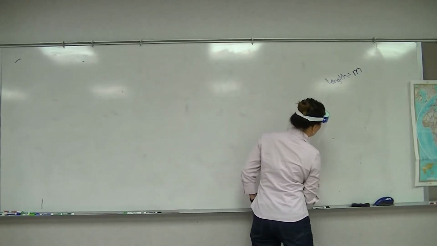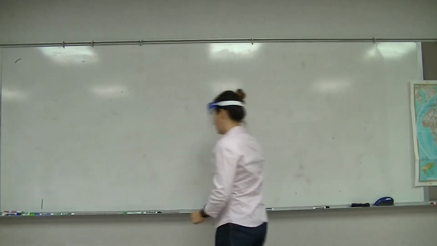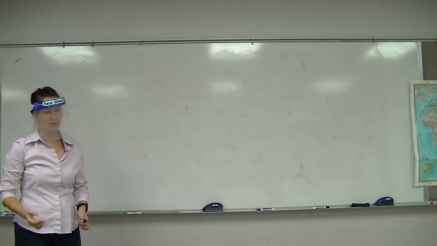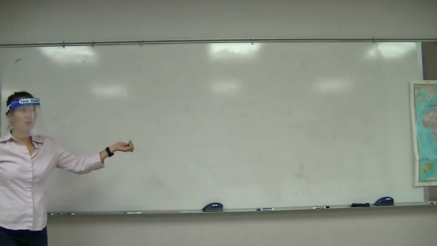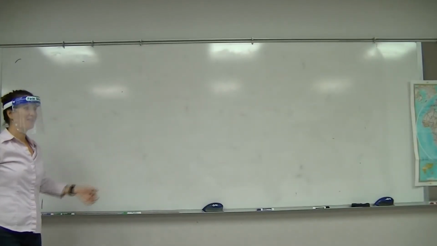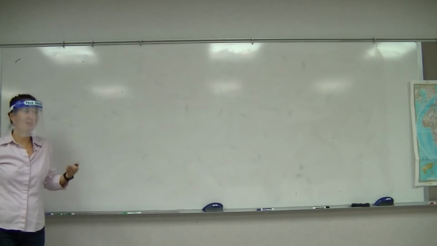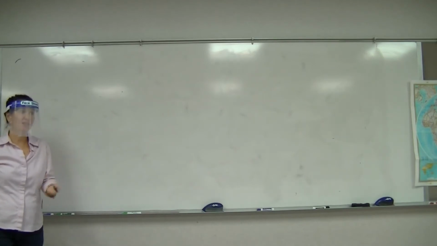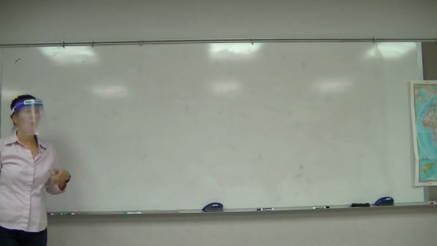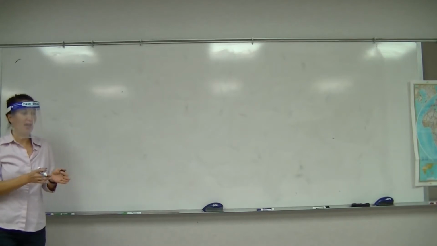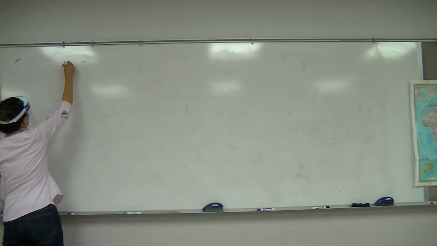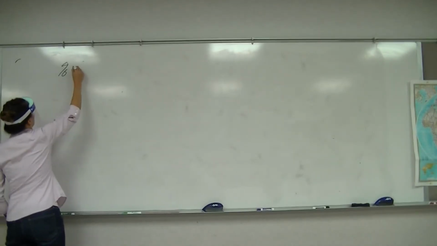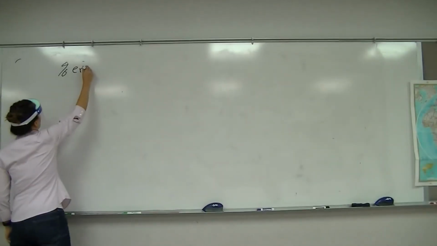So the reason experimental error is used in lab is because we're basically trying to figure out how close we were to the value we should have got. Because when we're in lab, we're trying to replicate experiments that have already been done. And so we know what we should get, and we're seeing how good our technique is, how close we actually were. So I'm going to go ahead and write the equation, percent error.